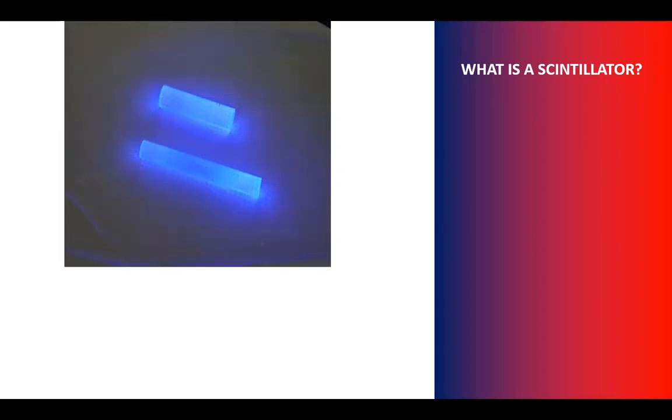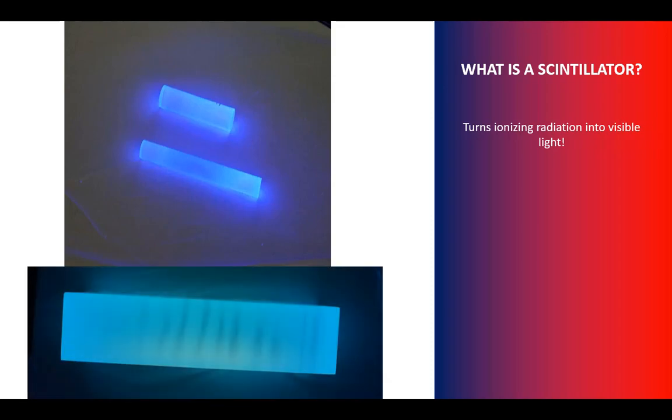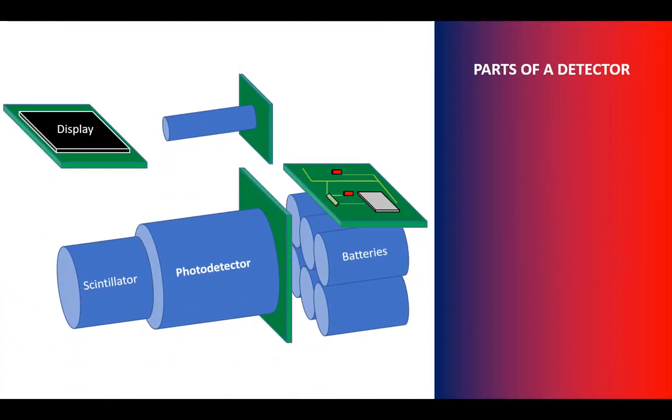When exposed to ionizing radiation, it gives off light. These scintillators come in many different sizes and can be made of many different materials such as sodium iodide, lanthanum bromide, and many more.